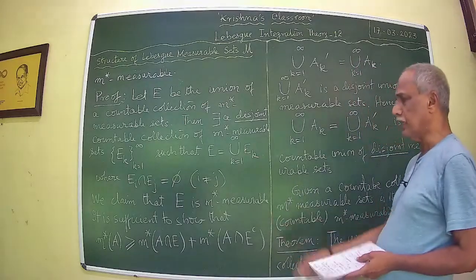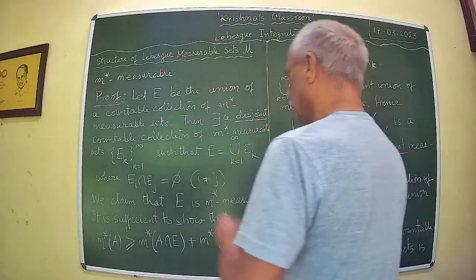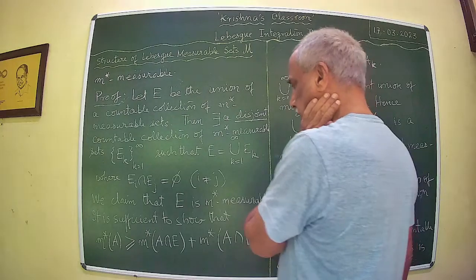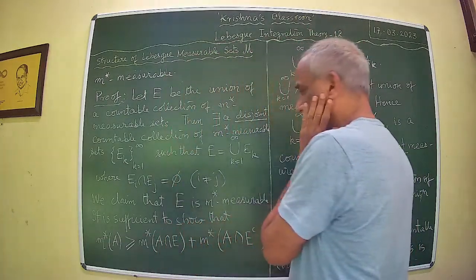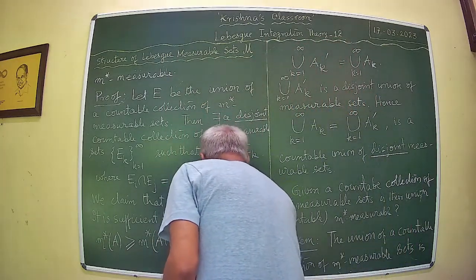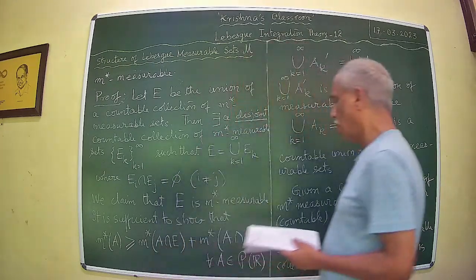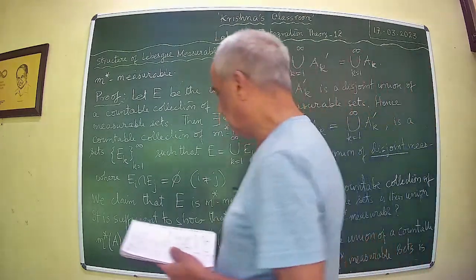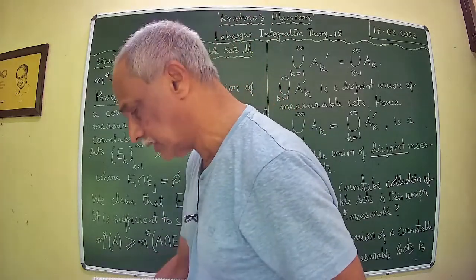If we show this inequality, the other inequality is an obvious one, m star of A is less than or equal to m star of A intersection E plus m star of A intersection E complement. That comes from the subadditivity. And if we can prove this, then for every A in the power set of R, we are done. Okay, so we try to prove this.